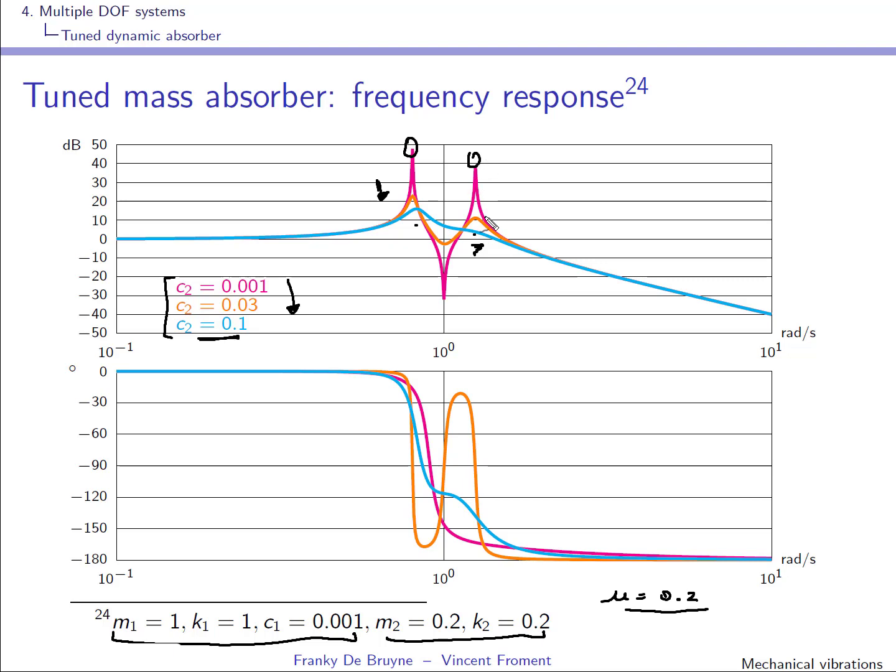So we would like to have a way of constructing things optimally, and also in practice, well, we want to choose M2, which is much smaller than M1. Okay, so we say that M2 is maybe only a few % of the mass of M1. And in order to do that optimally, well, you have to use mass absorbers which are slightly out of tune.